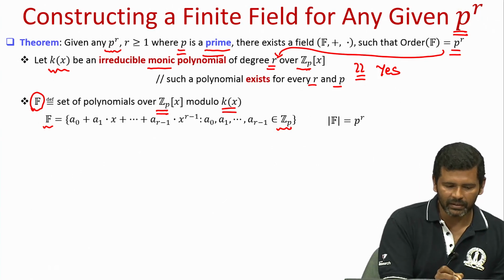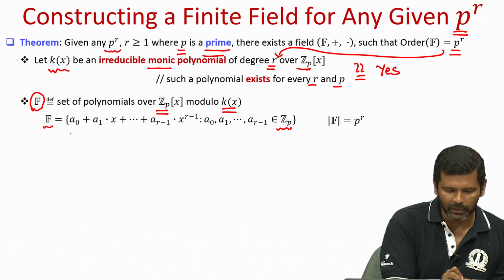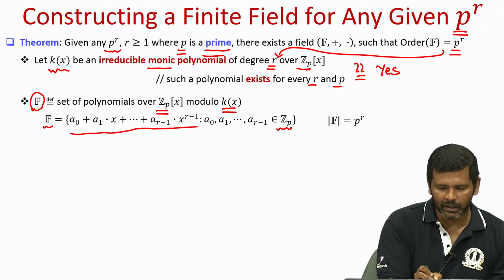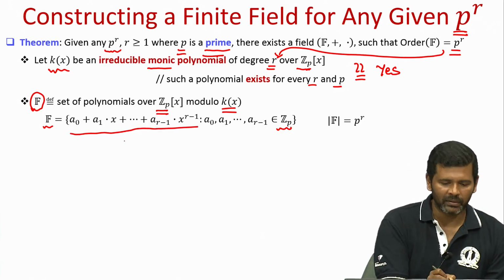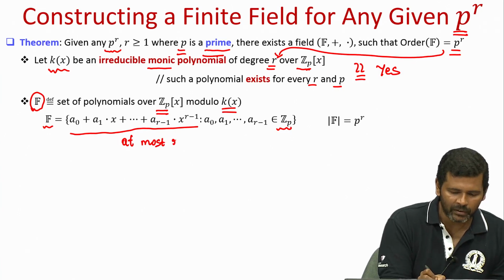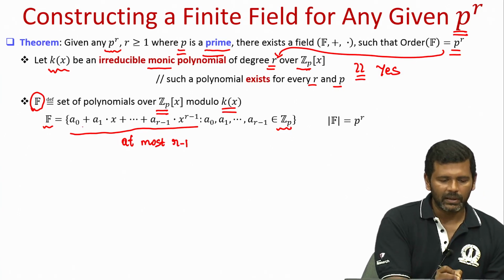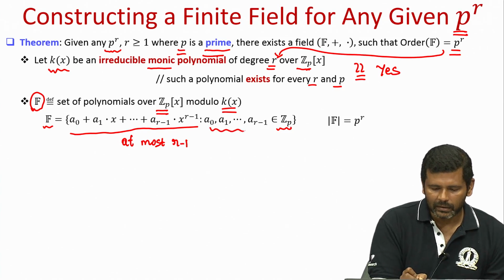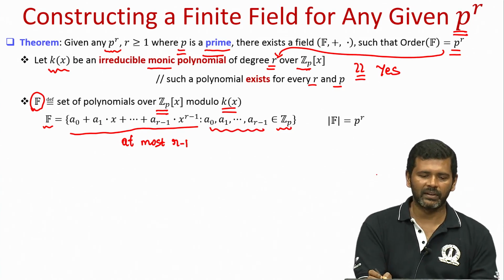So, in general I can say that F is the collection of all polynomials of degree at most r minus 1, where the coefficients are allowed from the set Zp.